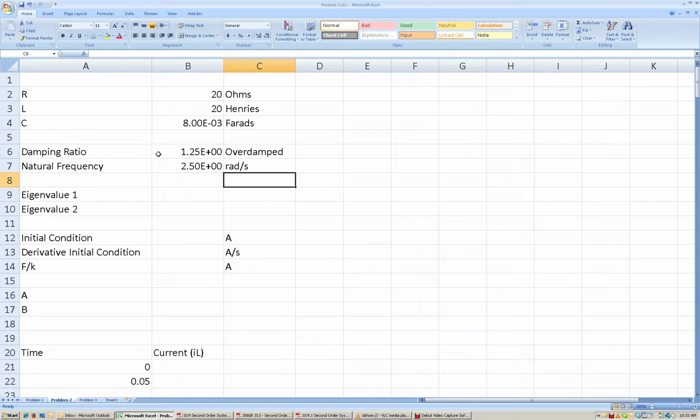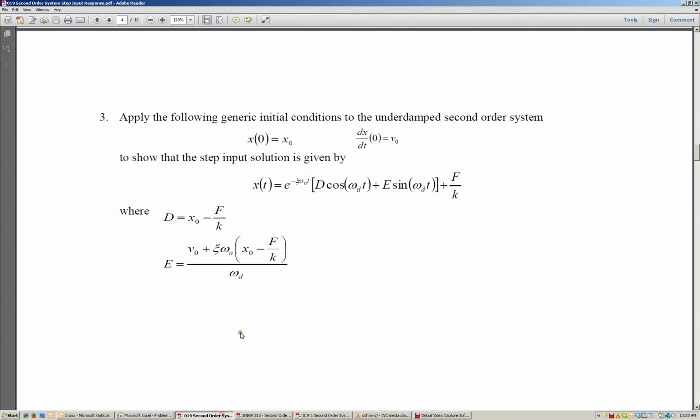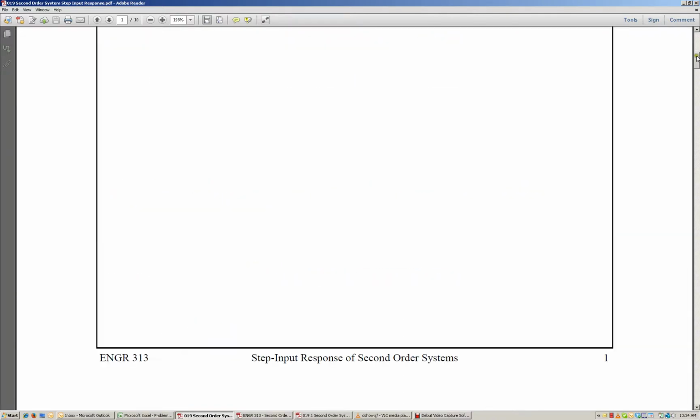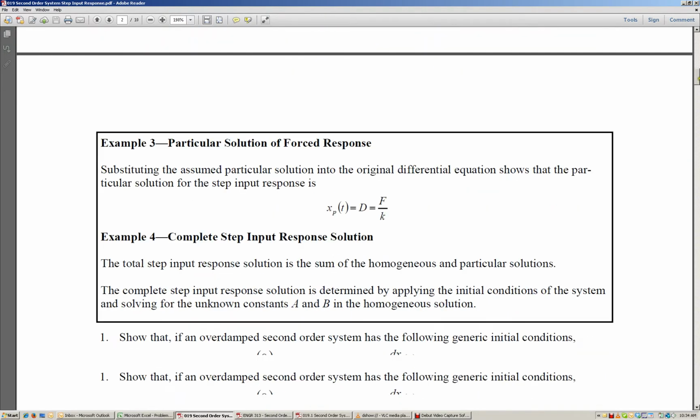Now that I know that the system is overdamped, I can go to my second order systems with forced input worksheet, and we can look for the overdamped system general equation.